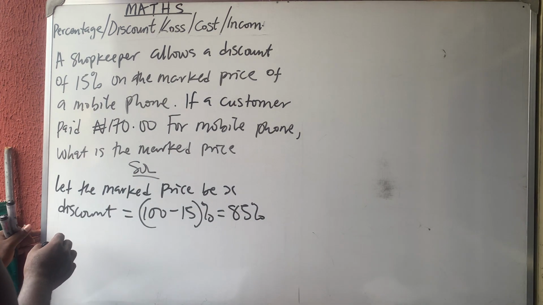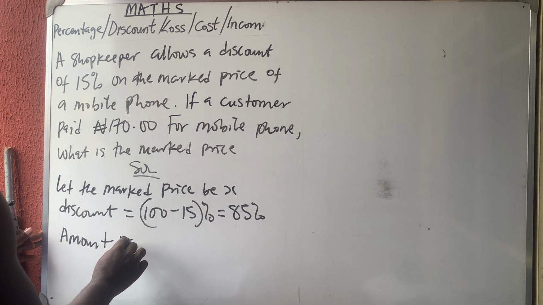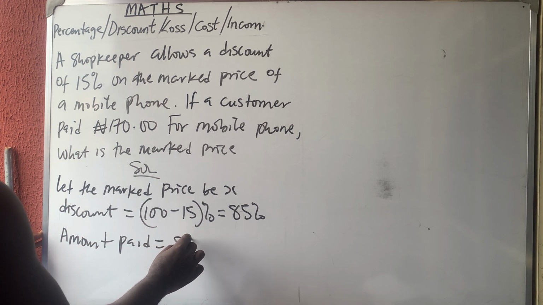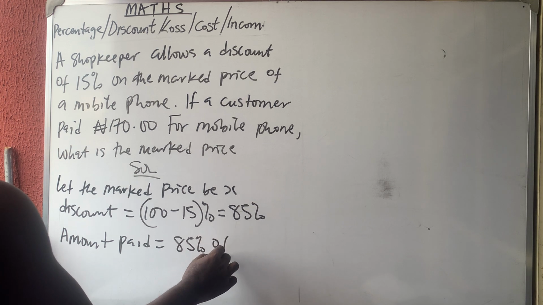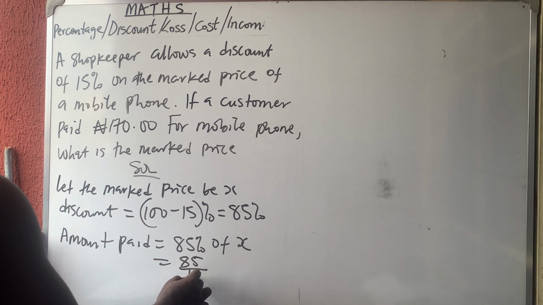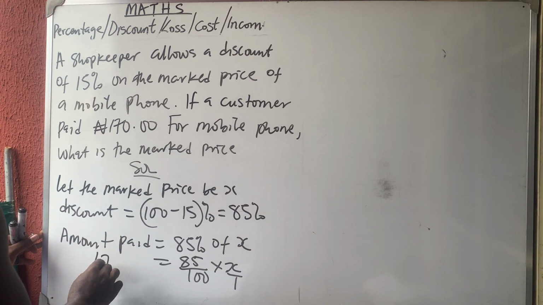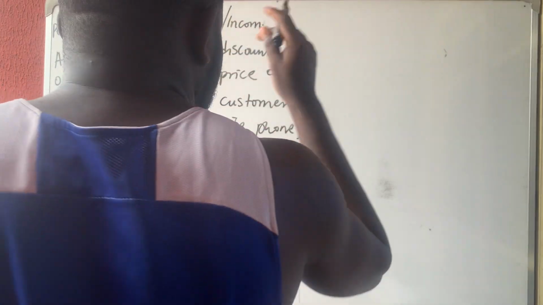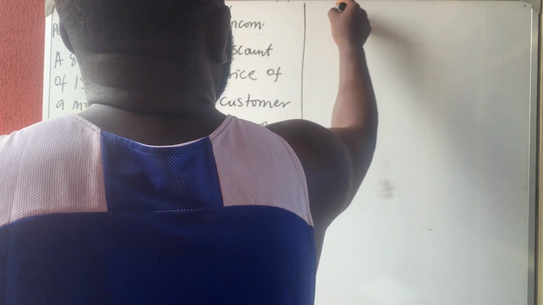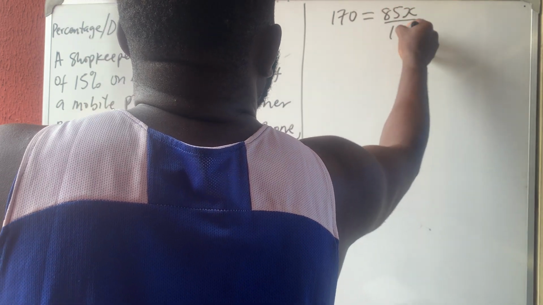So the amount he paid is 85% of the marked price, which is 85 over 100 times X over 1. And he paid 170 naira. So 170 is equal to 85x over 100.